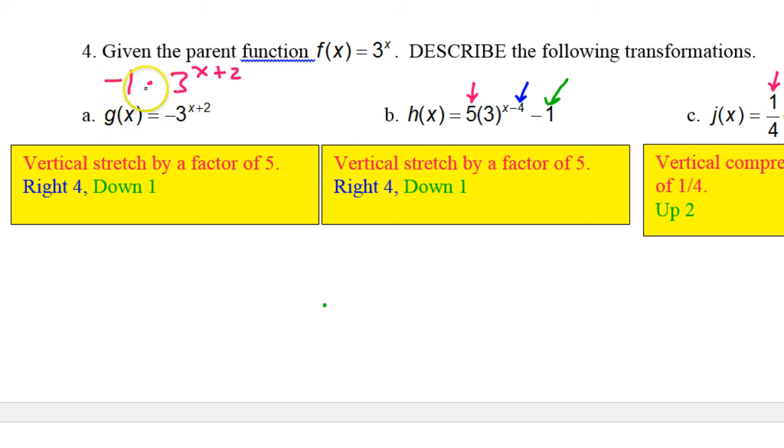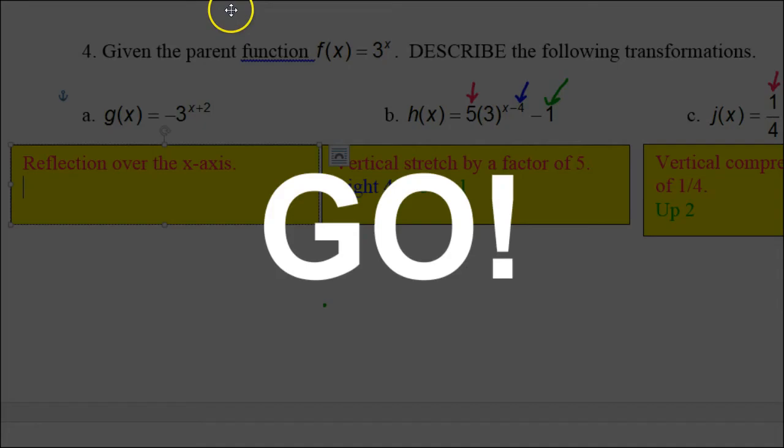Now this will not be a vertical stretch or a vertical compression like the 5 and the 1/4 were, because the number 1 does not give you a stretch or a compression. But because of the negative sign, it will be a reflection over the x-axis.